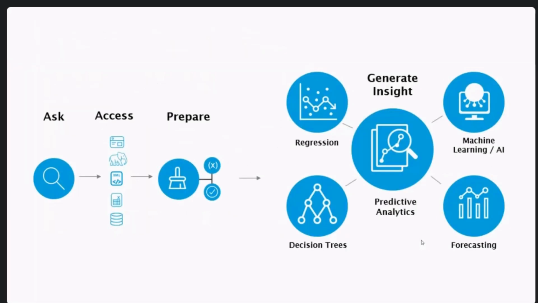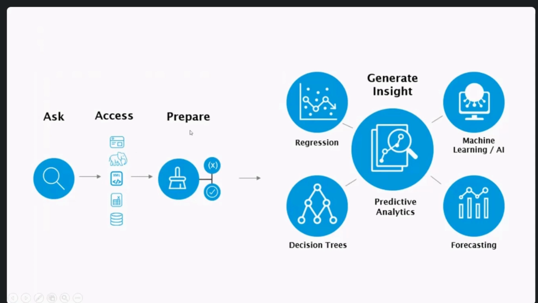How? If you remember the steps of data analysis, the processes involved in data analytics, you can see that these 3 steps, ask, access, and prepare, are common to all the data analytics processes, because you have to search for the data, you have to ask for the data, you have to collect the data, and after asking for the data you have to store it, make it accessible.